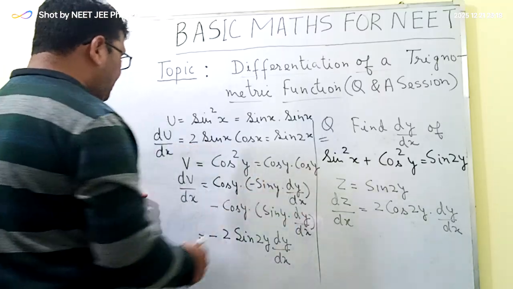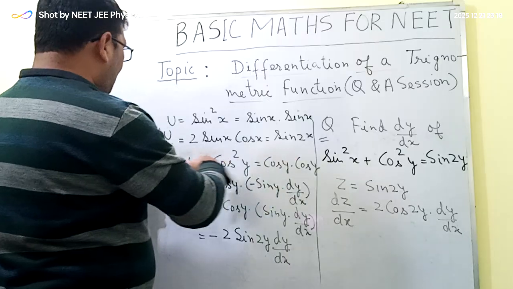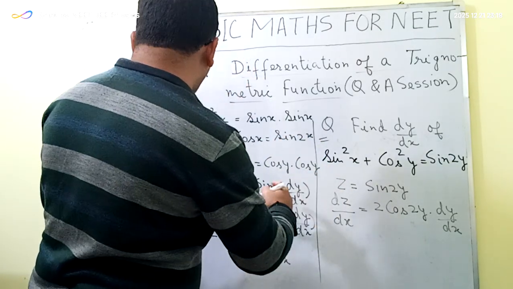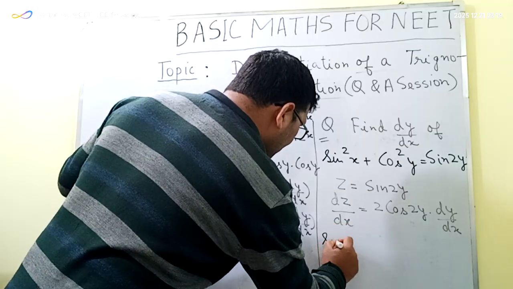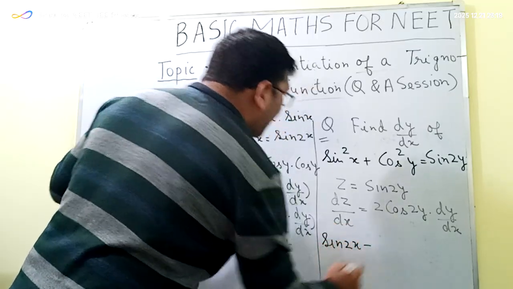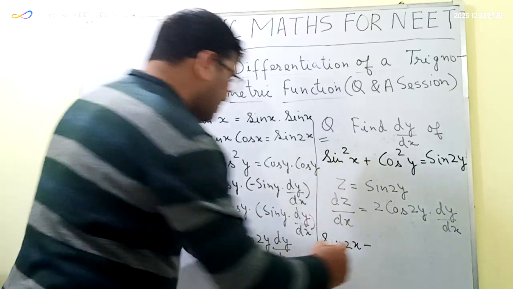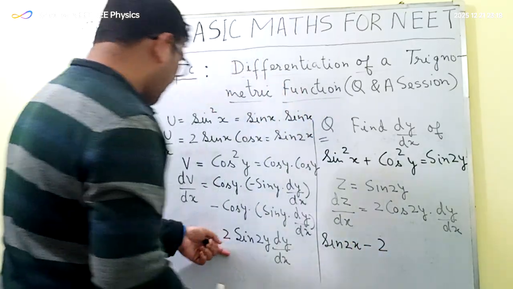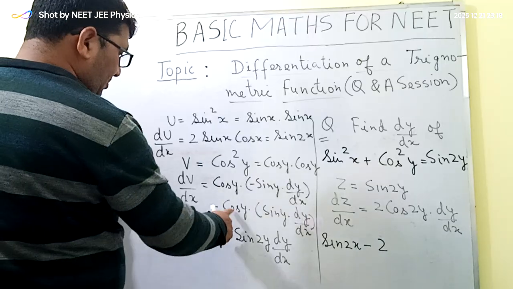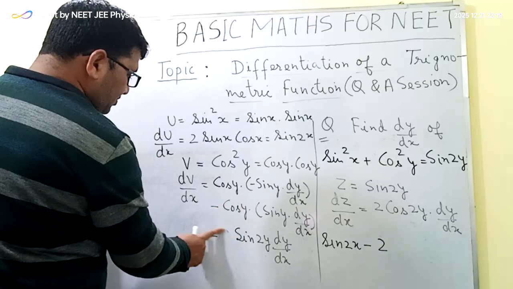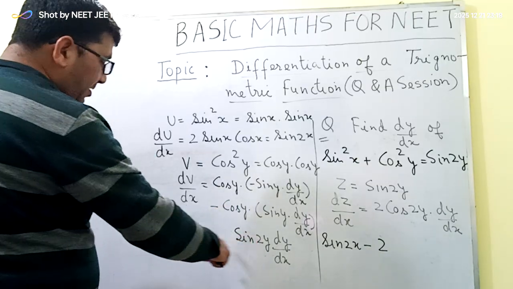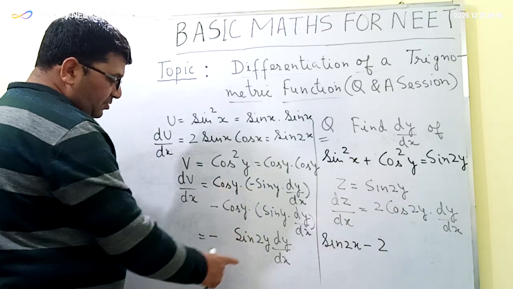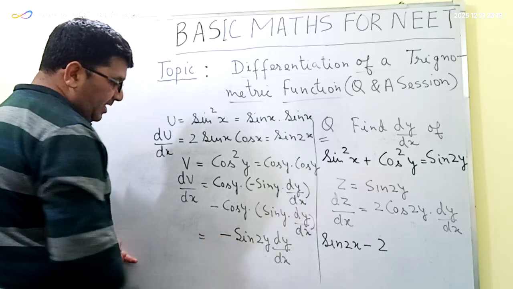What I will be doing is I will be simply substituting the value of du by dx here. So this will be equal to sin 2x, and minus, sorry, this is not minus 2, it will be equal to sin 2y, minus sin 2y, because here I will be getting 2 cos y sin y, which is equal to minus sin 2y.